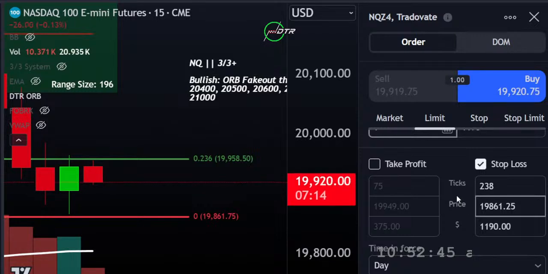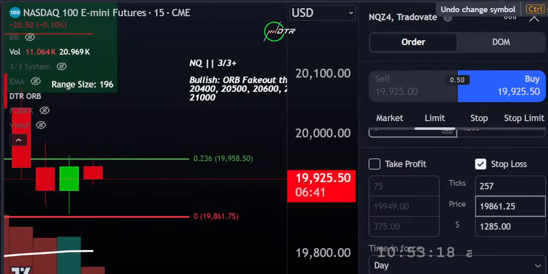So you need to see basically that 900 act as support, and even then you're risking about 800 bucks. Still, right about $1,300 per contract. Too much for me.